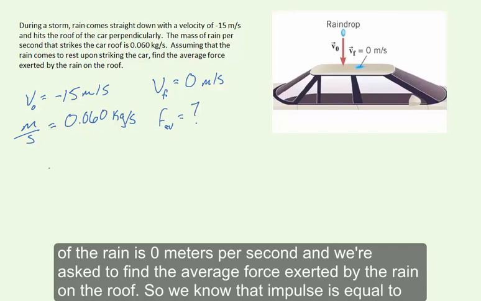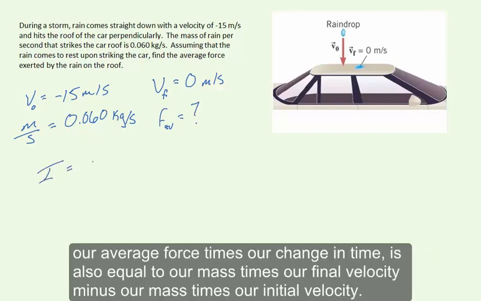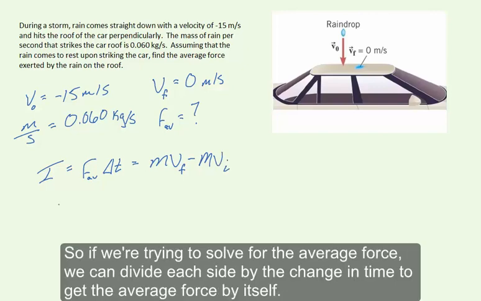So we know that impulse is equal to our average force times our change in time, which is also equal to our mass times our final velocity minus our mass times our initial velocity. If we're trying to solve for the average force, we can divide each side by the change in time to get the average force by itself.